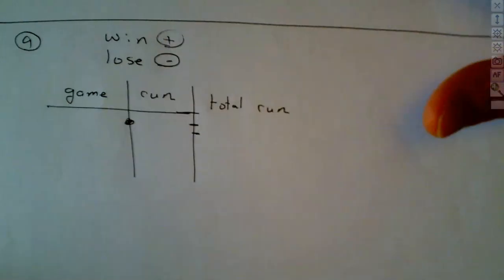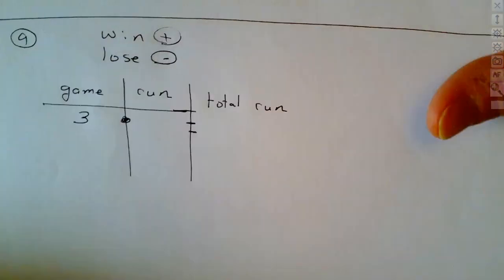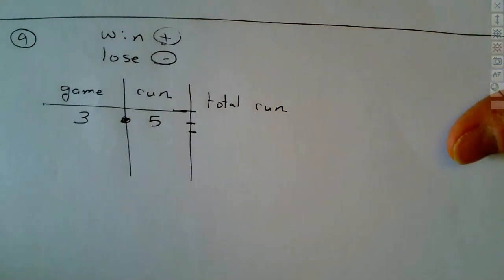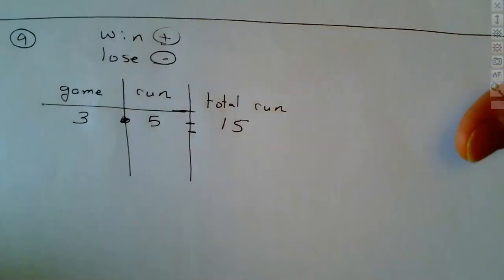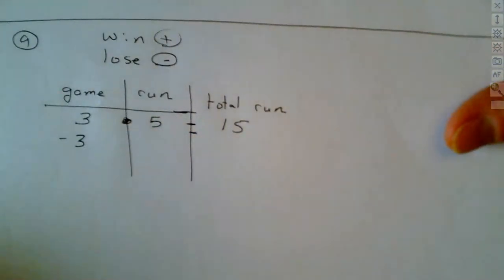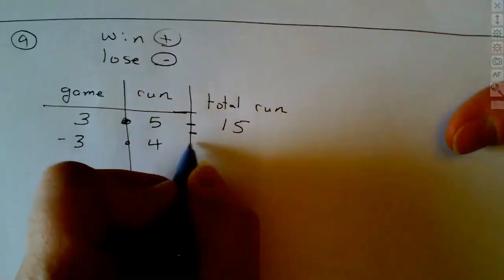So we begin by looking at 3 games that we won, and we won each of these 3 games 5 runs apiece, so that gives me 15. Next, we lost 3 of its games, so that's going to be a negative. Lost 3 of its games by 4 runs. Multiply across.